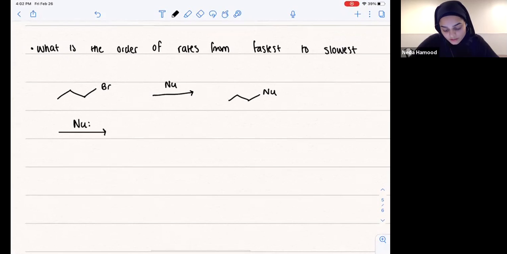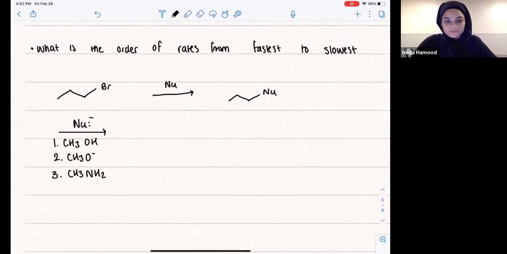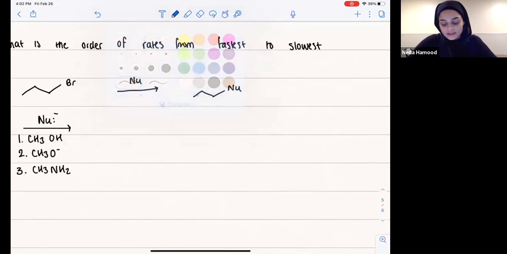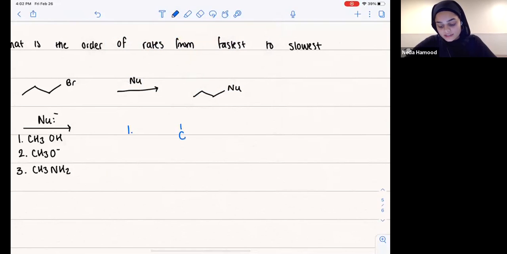So we have the nucleophile, and we have 1, CH3OH; 2, CH3O negative; and 3, CH3NH2. I personally like to write out what each of these looks like, just so I can see what I'm actually working with.